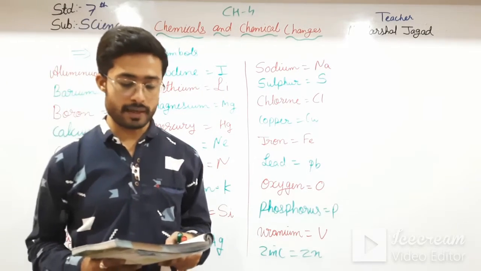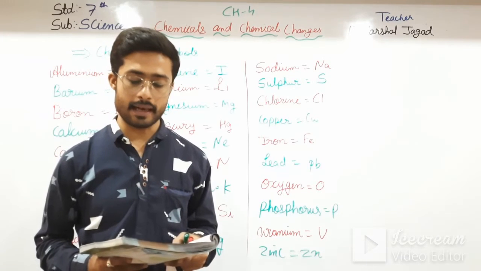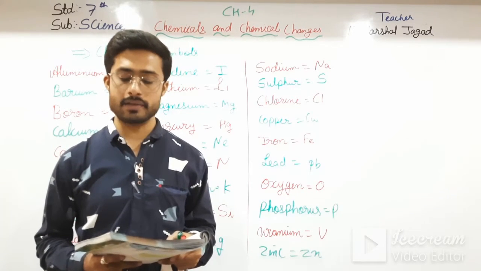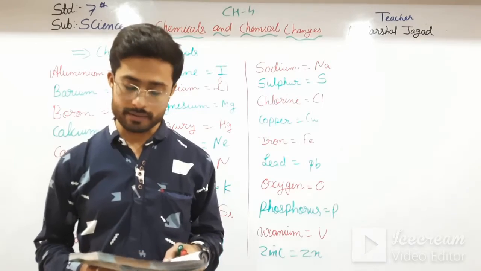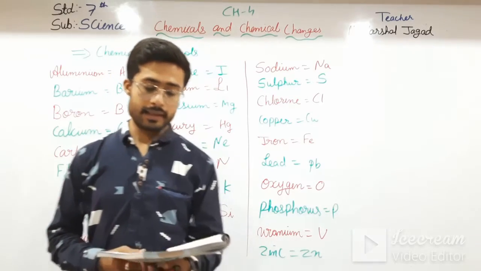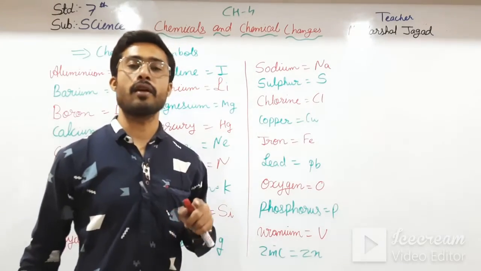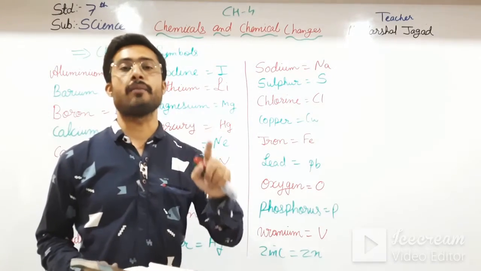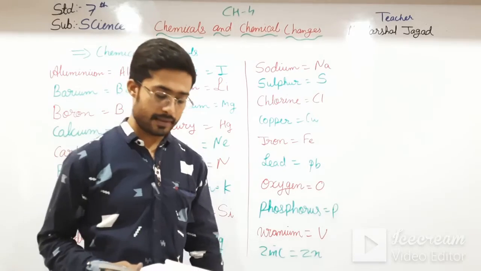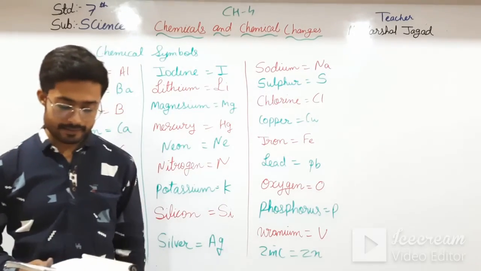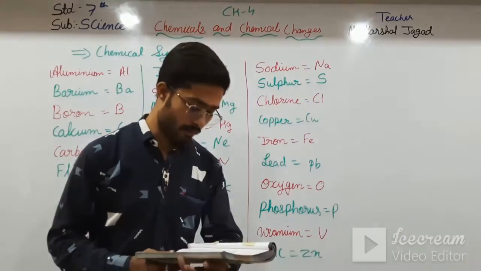For example, O is a symbol that represents the element oxygen as well as one atom of oxygen. Okay, significance of symbol means if you write O, then it is also one atom of oxygen. Then here a let's answer is given that you have to do in your homework.